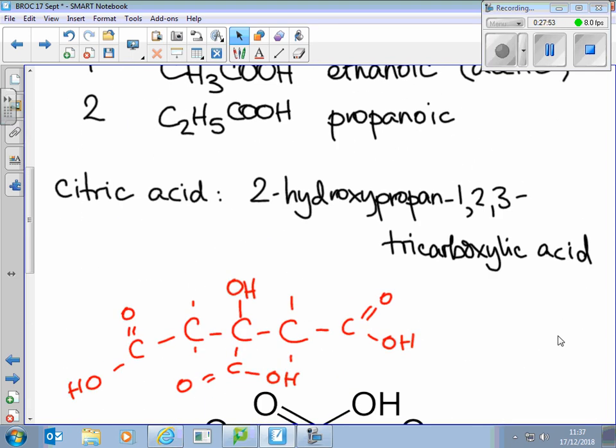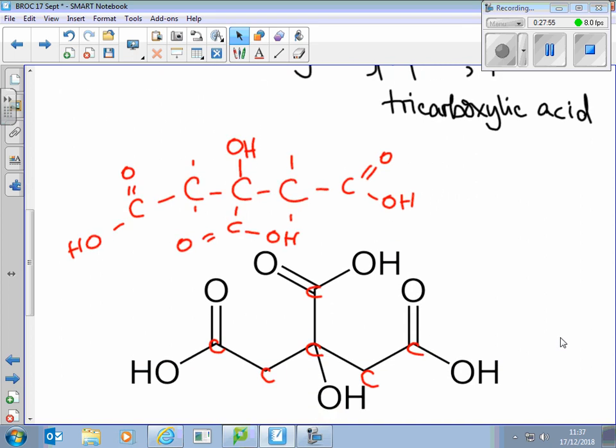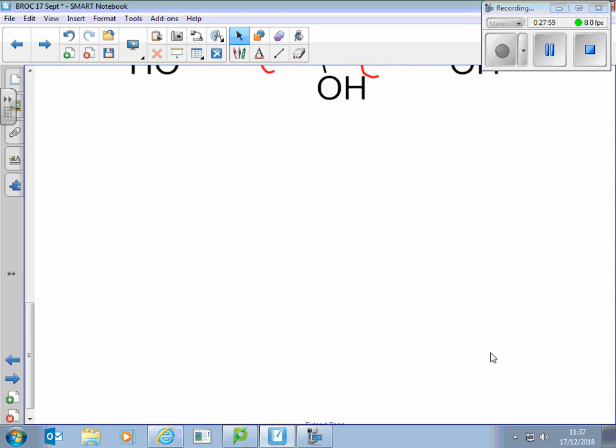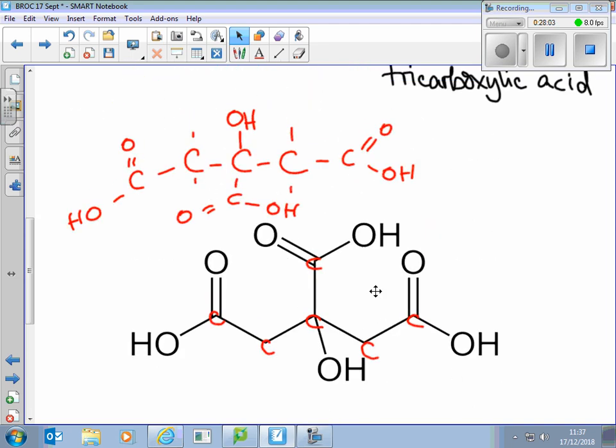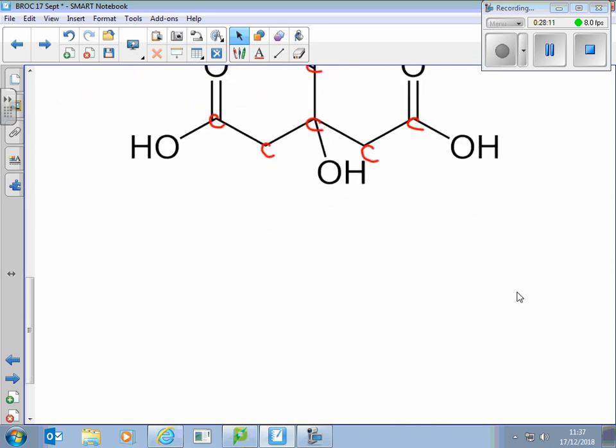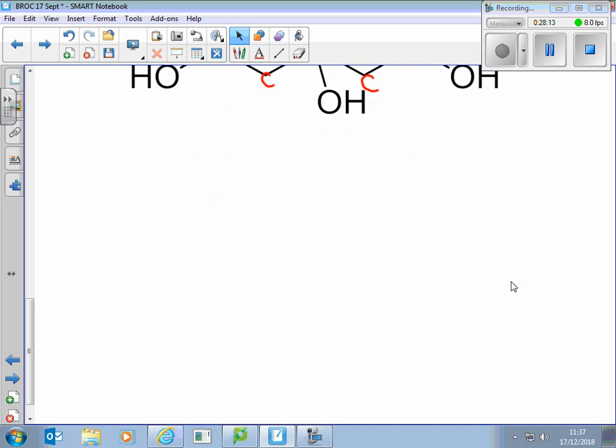All right, so the rules are basically the same as with everything, and in terms of naming isomers, you can do the same sort of thing. I mean, that has already shown us how we might do, with 3 carboxyl groups on 1, 2, and 3. Well, you could take any example, and we're not going to spend ages on this because I want to talk a little bit about the reactions.